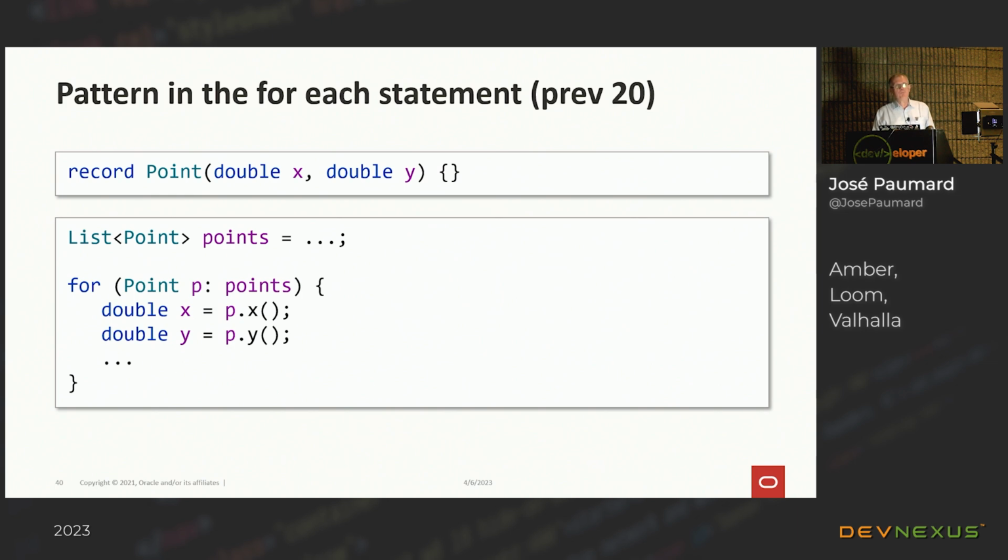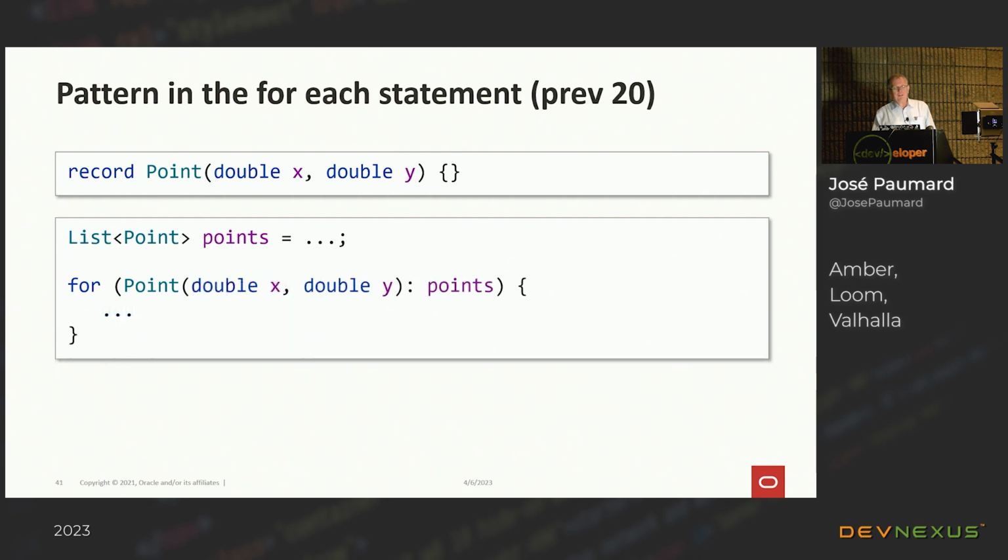Okay? But Point p : points could be seen as a pattern itself. And this is what has been proposed in JDK 20, to be able to write this code in that way. That is to put a pattern on the right part of the for each statement and deconstruct directly each element of the list. And this is actually working in JDK 20.